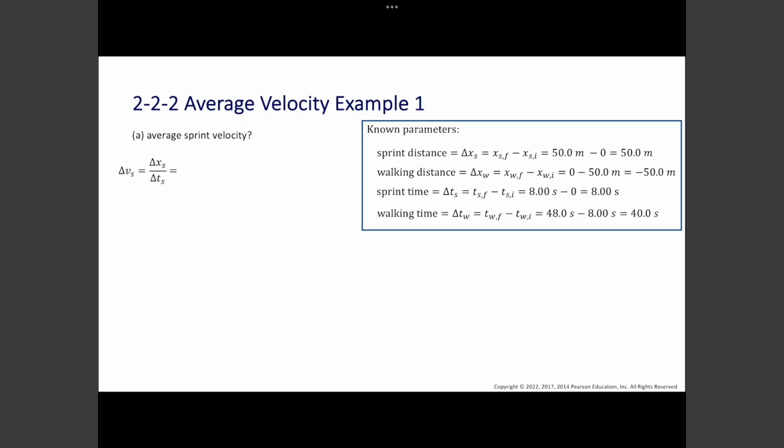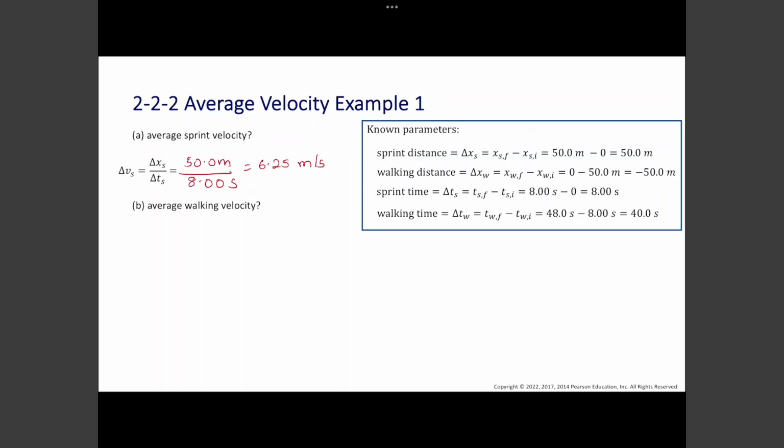We found the sprint distance, delta x, which is 50.0 meters, and sprint time, which is 8.00 seconds. From this we get 6.25 meters per second. The answer has three significant figures because both the distance and the time have three significant figures.